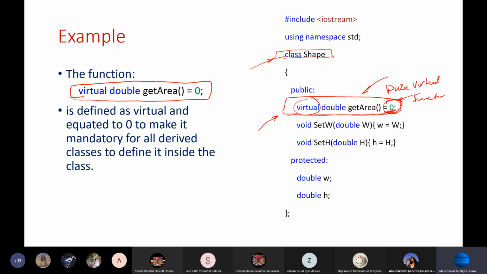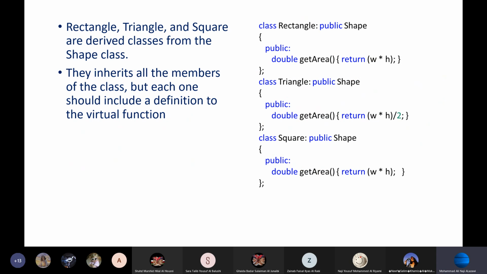Also here, we took shape, and we want all the subclasses to define the get area. So void set W, this is a public function, and this is another public function which can be inherited directly, and also double width and height. See here, when we define class rectangle, public shape, that means class rectangle is a subclass of the superclass shape.